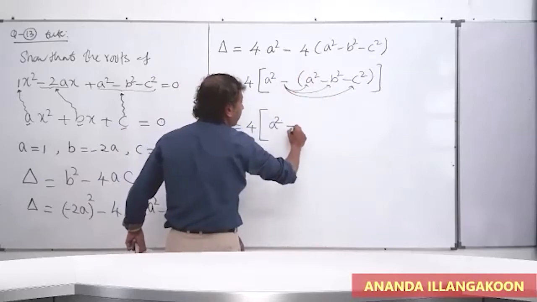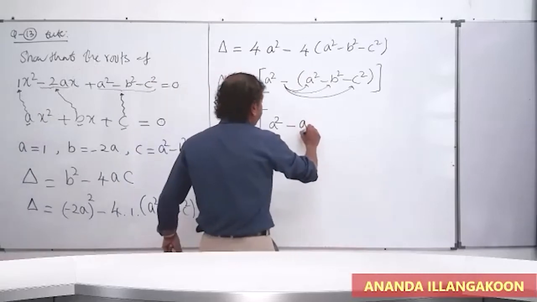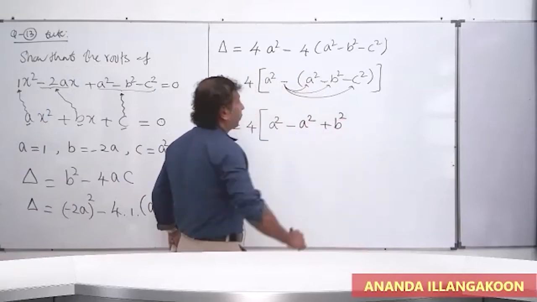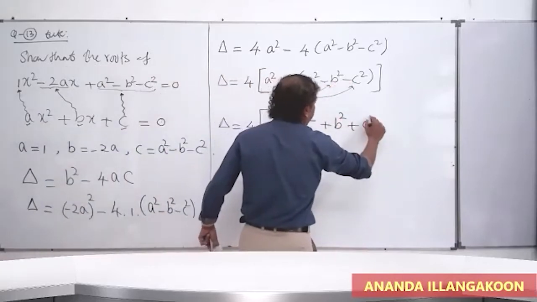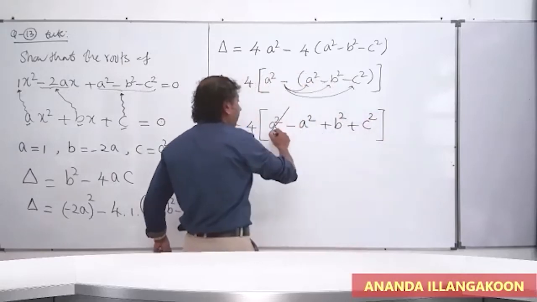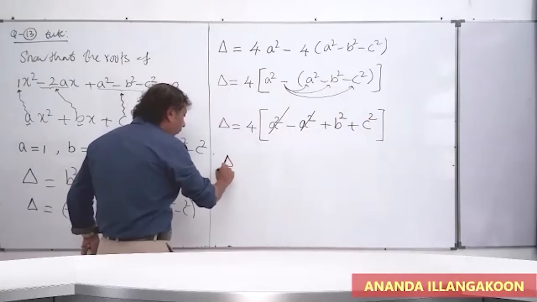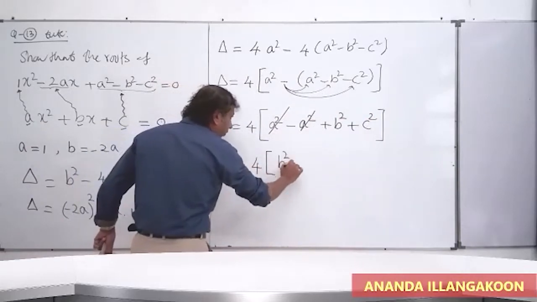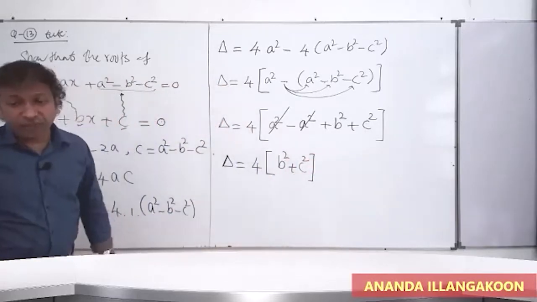Minus and plus make minus, people. Right? A squared. Minus and this minus make plus B squared. Minus and this minus make plus C squared. Cancel these 2. Okay. Now delta equals, we get these within bracket. Right. We came up to this.